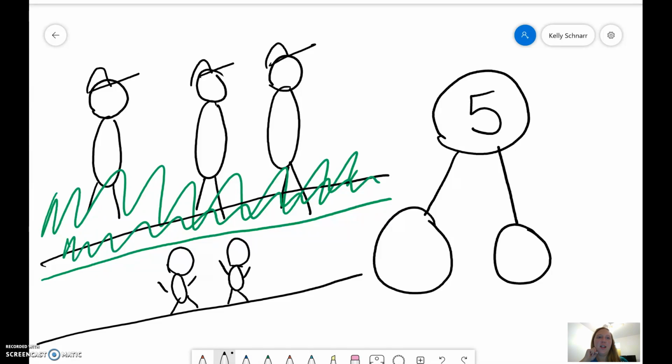Do I have 5 friends? Yes. 1, 2, 3, 4, 5. But I can separate them, can't I? By friends who are on the grass and friends who are on the sidewalk. 3 friends are on the grass, so that's 1 part, and 2 friends are in the sidewalk. Look, I made the same number bond. 3 and 2 make 5. Pretty cool, huh, friends?